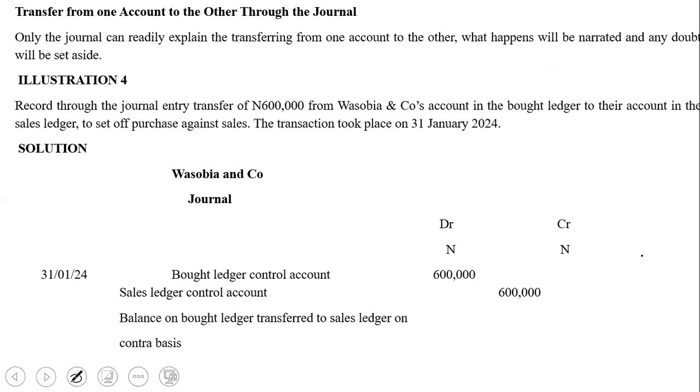We can also use this to move from one account to the other, where you have balance brought forward. All these are what we get to see when we look at it in record.